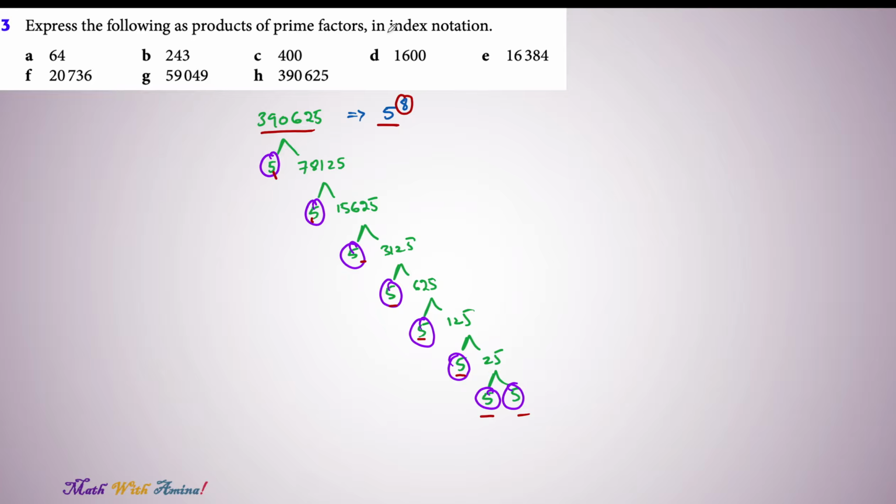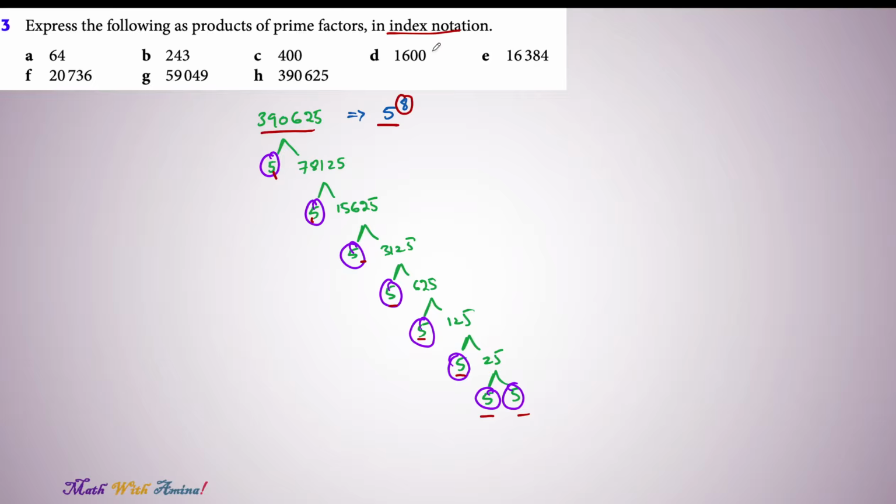I hope it's all clear. You have to keep in mind that when we are expressing a number as a product of prime factors, there are two methods. You can watch the previous exercises in which we practiced the different methods, the division method and the T-diagram method, and the previous questions in which we practiced the index notation.